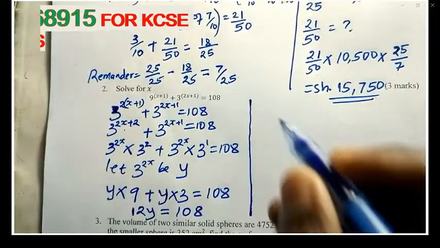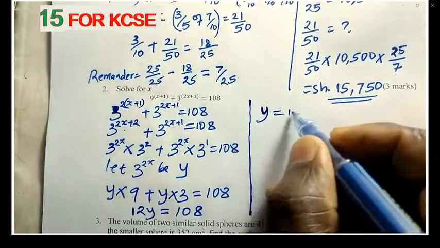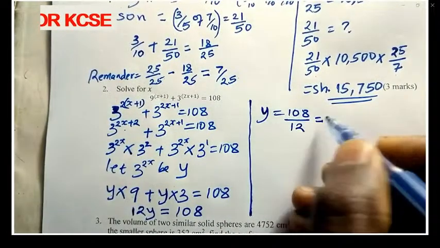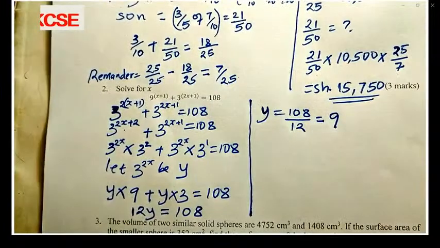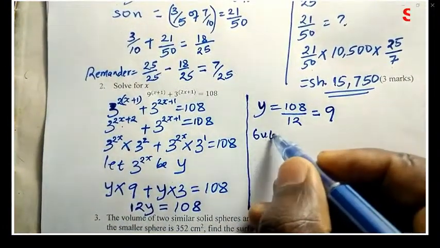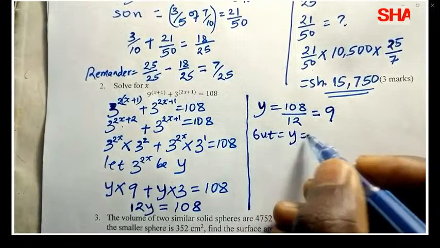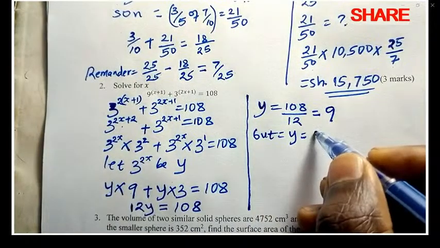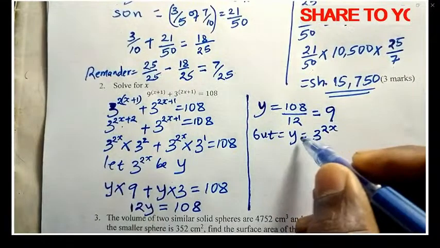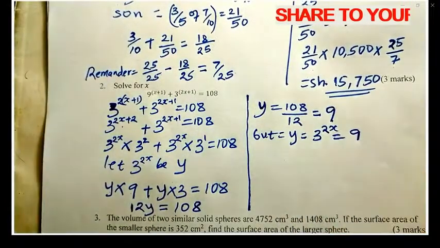So it means y itakuwa 108 divided by 12, na hiyo itakupea 9. But we said that y equal to 3 raised to power 2x, and this y is also equal to 9.